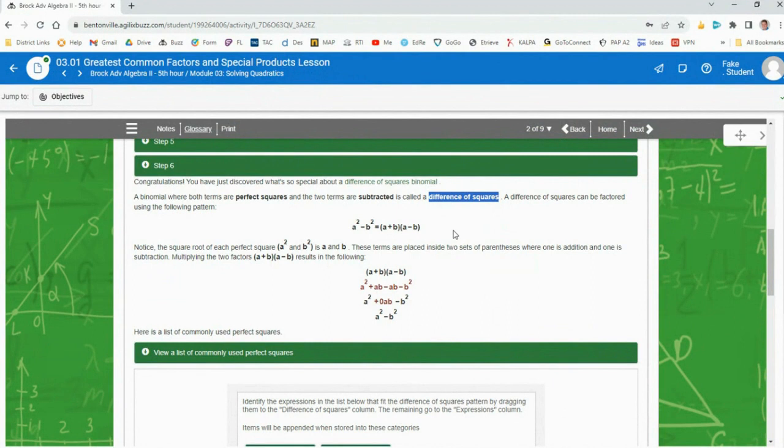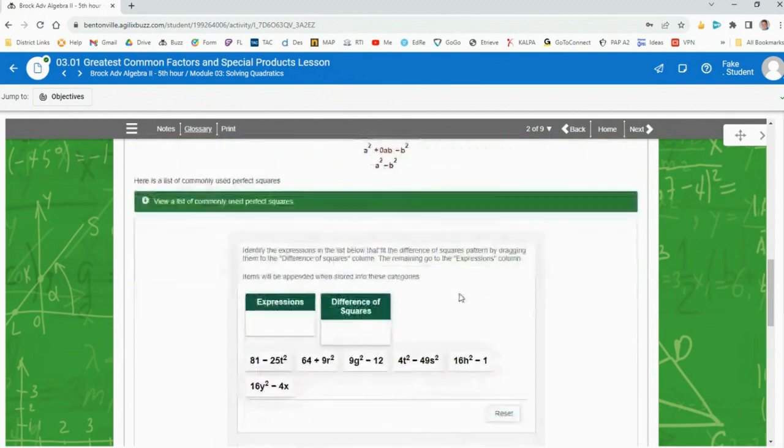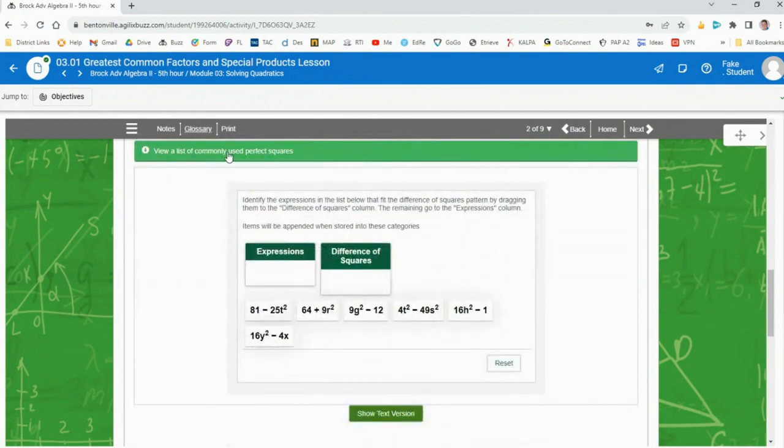In our situation, a was x and b was 11. A was 4x squared, b was 10. A was 2x, b was 6. Here's a list of commonly used perfect squares. These are numbers that should trigger that thought immediately.